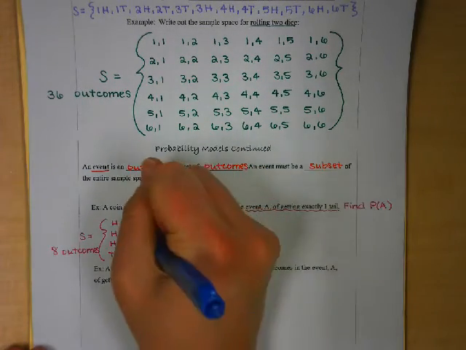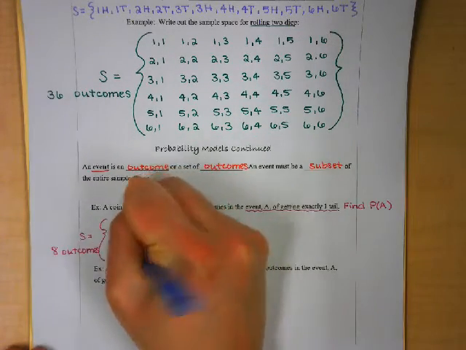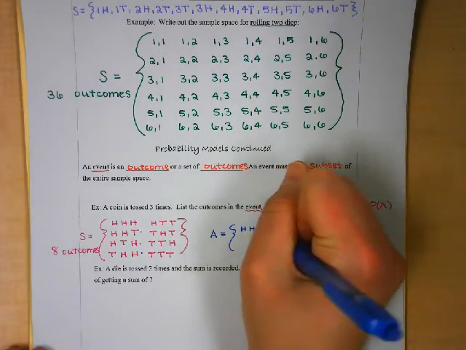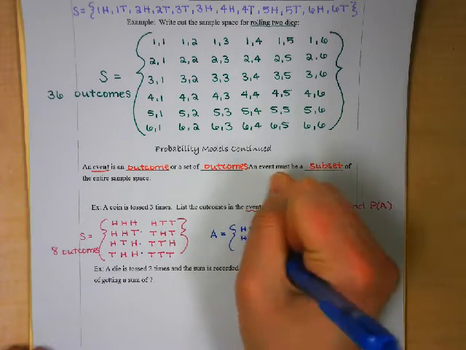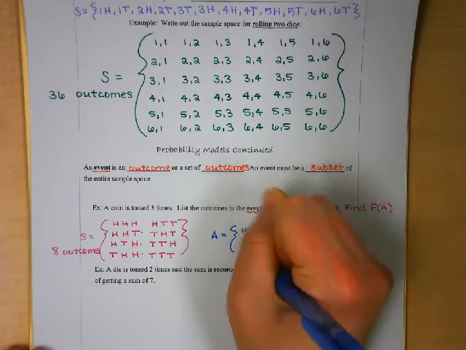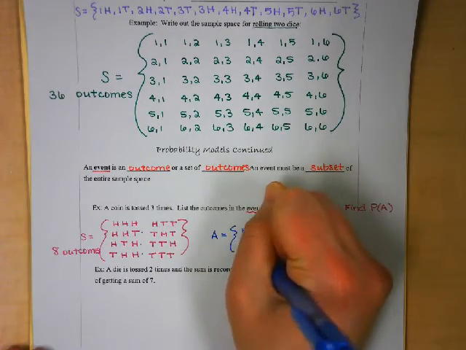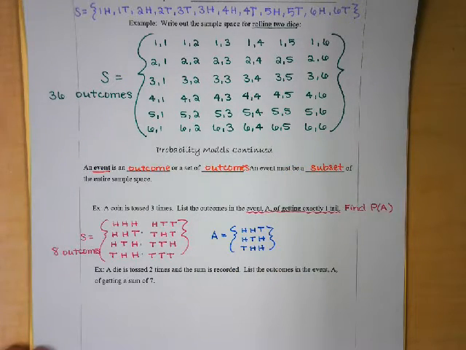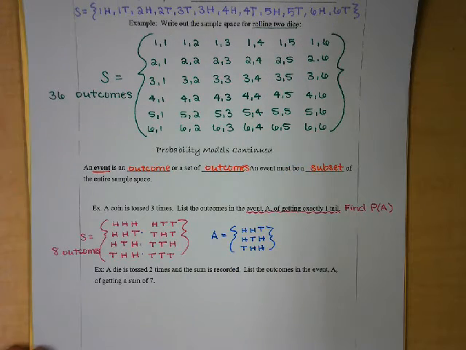So that would be this one, and this one. 2 heads followed by a tail. Heads, tails, heads, or my tail followed by 2 heads.